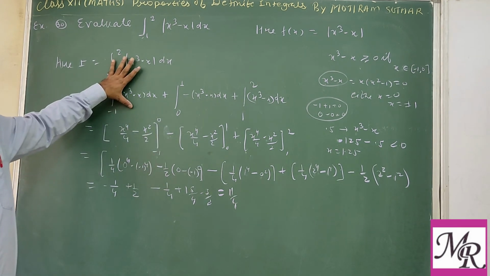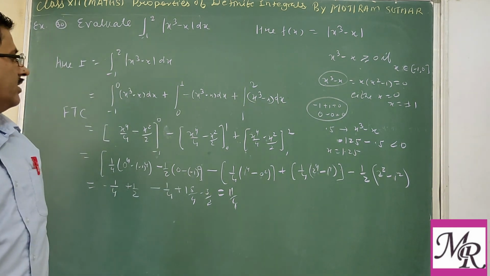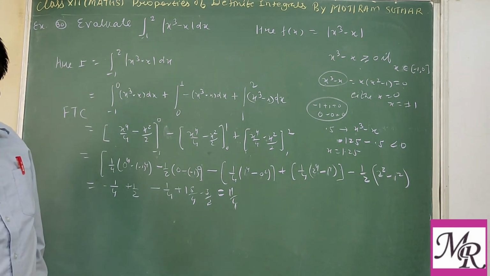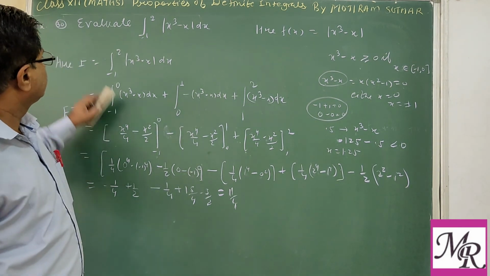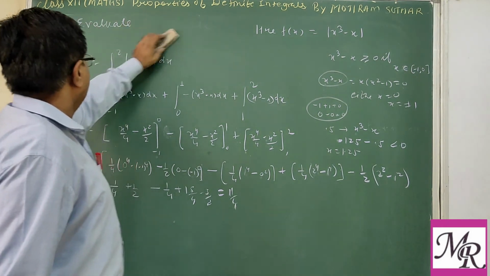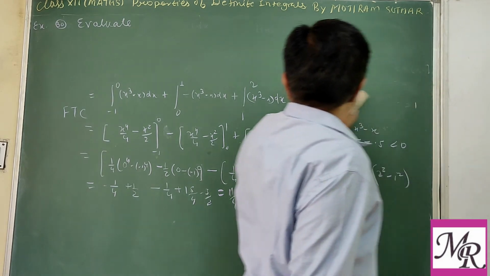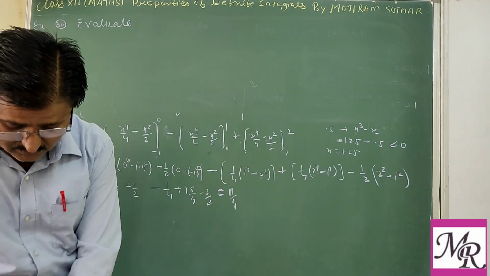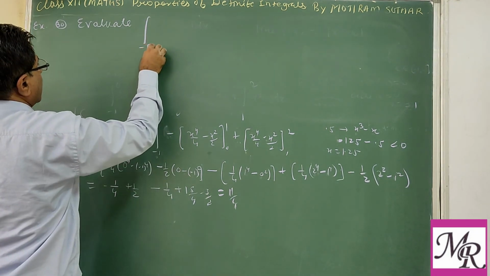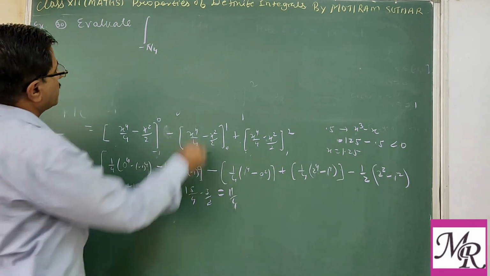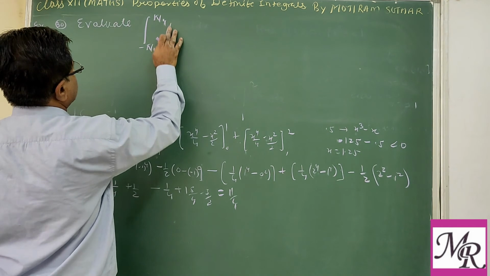So this is the application of the properties of definite integral. Here we are using the property P3. By using this P2, we can find the definite integral. So write down this. Next we have to evaluate, this is also important, the limit from minus 5 by 4 to plus 5 by 4, and the function is given as sin square x.